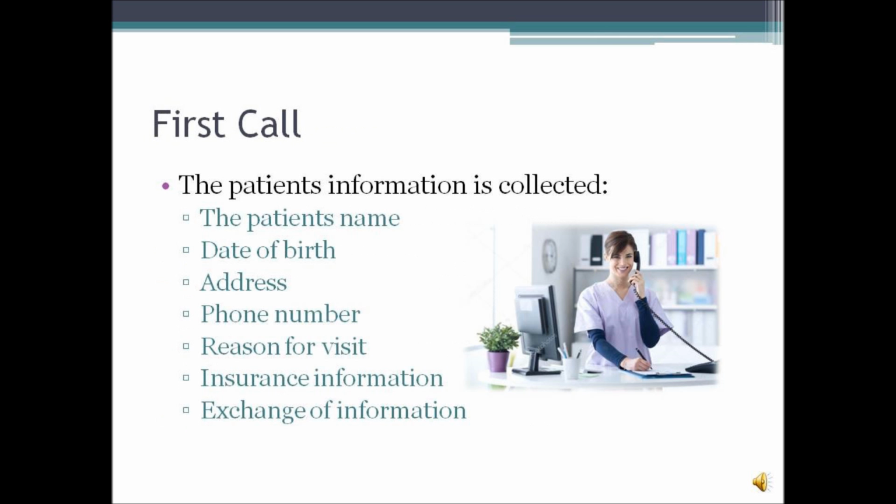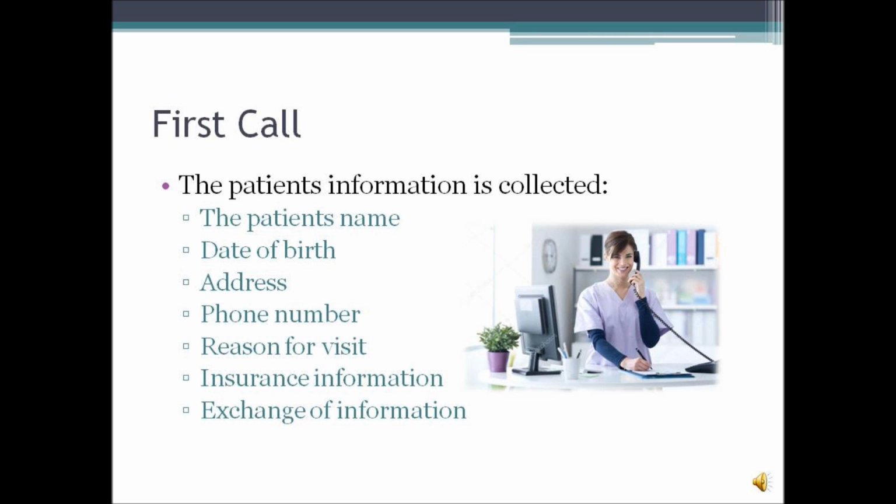When the patient calls the practice to schedule an appointment with the primary care doctor, the following information is collected by the receptionist: the patient's name, his date of birth, his phone number, and the reason for his visit. Another important piece of information that the receptionist is responsible for gathering is his insurance information.